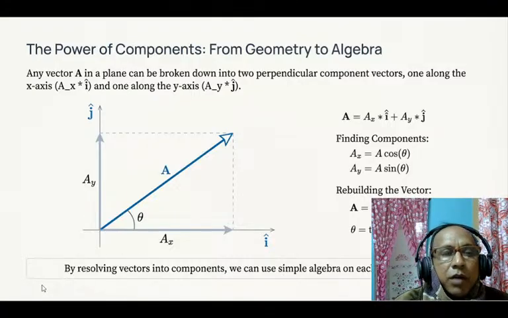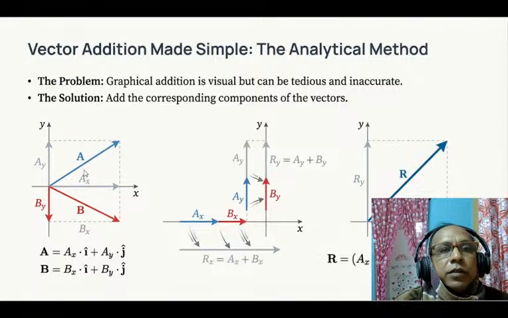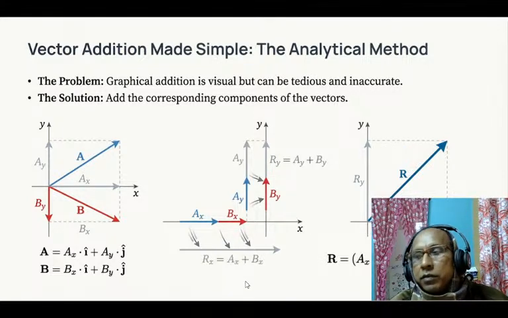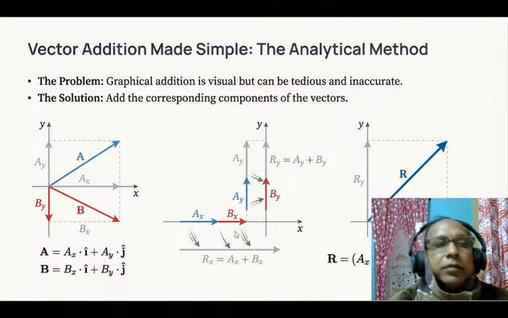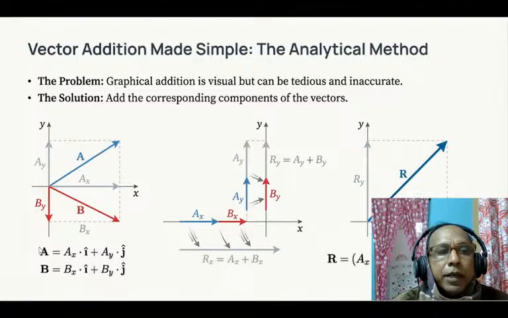Now we go to the next thing, that is this one. Vector addition made simple: the analytical method. The problem: graphical addition is visual but can be tedious and inaccurate. Solution: add the corresponding components of the vectors. Right? Suppose there are vectors a and b.